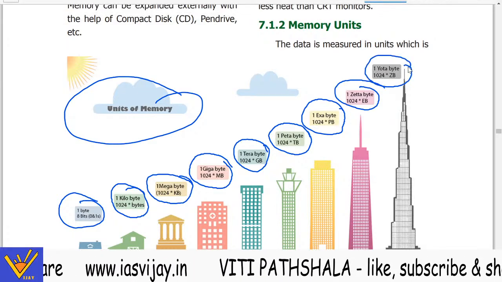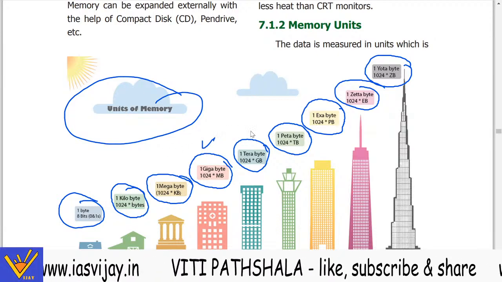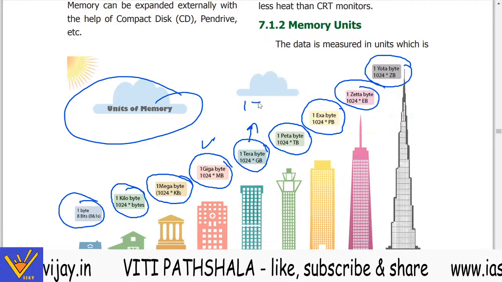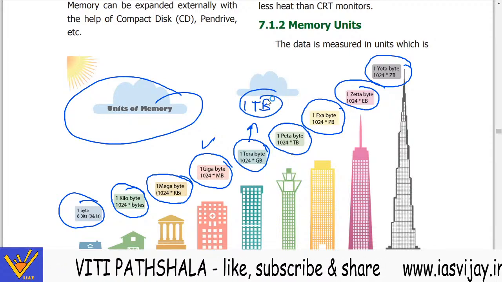Earlier we used to work in gigabytes. Now our computers have memory which is 1 TB. So 1 TB is a terabyte.